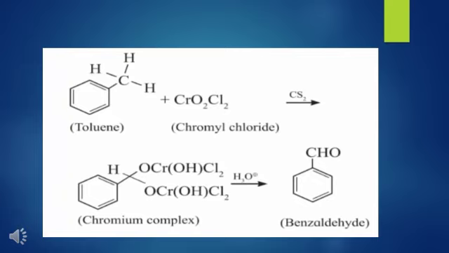This toluene and chromyl chloride react with each other in presence of CS2, which is carbon disulfide. It gives an intermediate product. After this, the intermediate product is hydrolyzed using H3O plus. This reaction gives benzaldehyde, benzene ring attached with CHO.